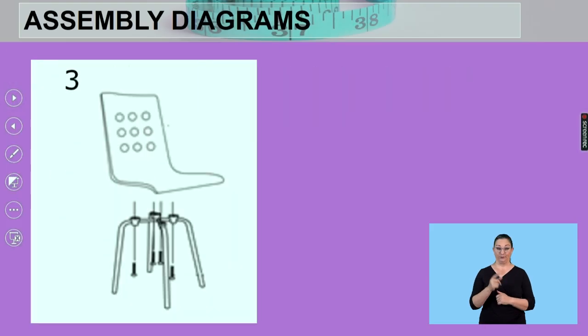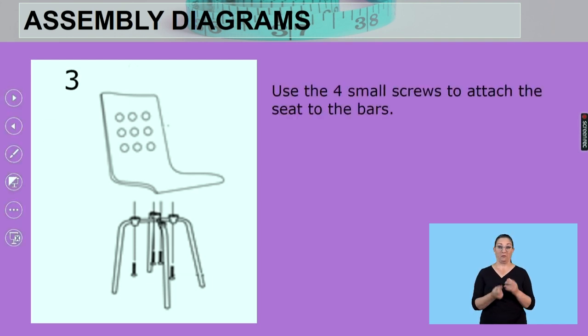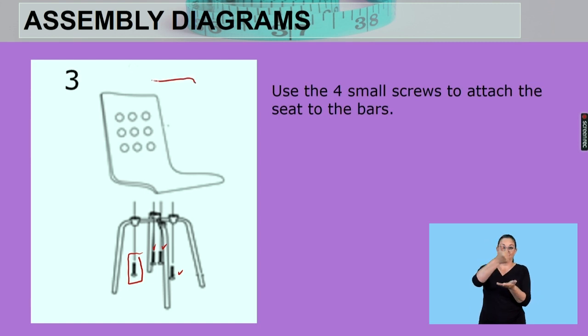Right, next one. Step 3. So looking at this, what exactly is going on here? A few things. We are using the 4 small screws. Here they are, those little guys. There's 1, 2, 3, 4 of them. Use those 4 screws to attach the seat. There it is.